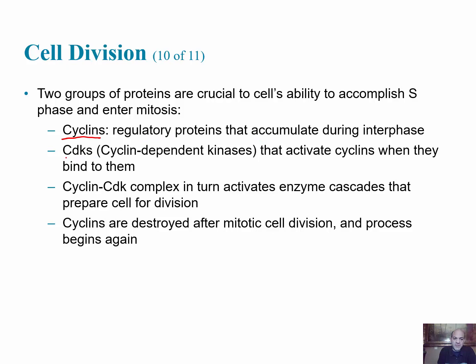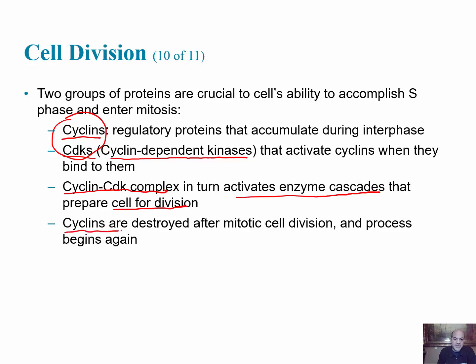It had been discovered from some research that there was another protein involved, and this one is CDKs, or cyclin-dependent kinases, which have to combine with the cyclins. So these cyclin-dependent kinases, they depend on the cyclins, and when these two bind together, that activates the complex, and that complex then goes and activates other enzymes that go into a cascade or a series of reactions that promote the cell to go and divide.